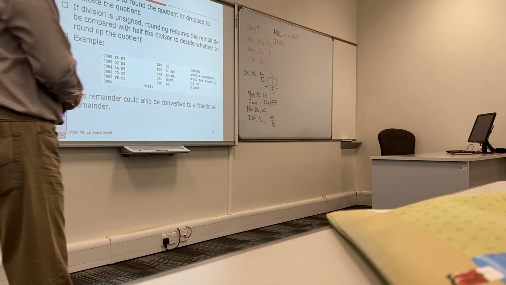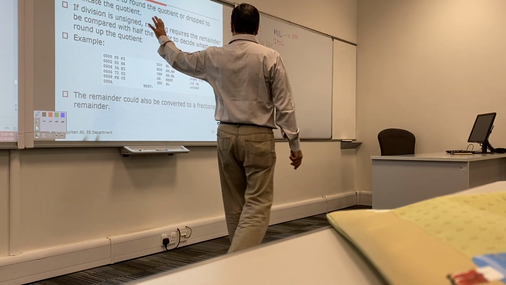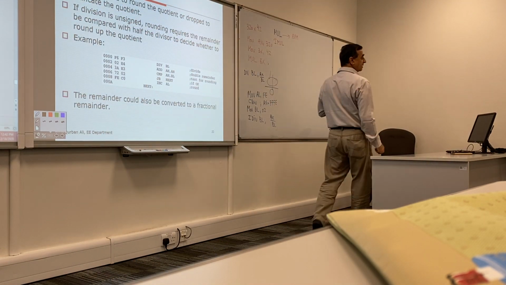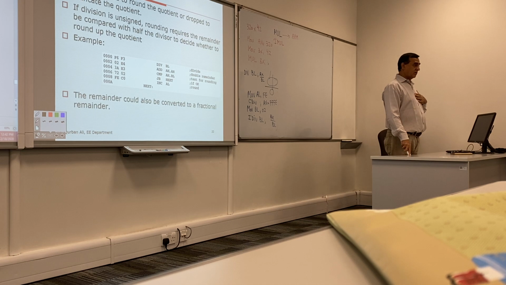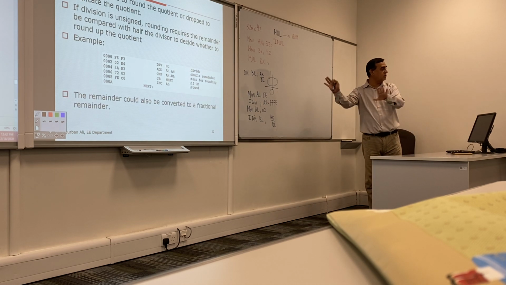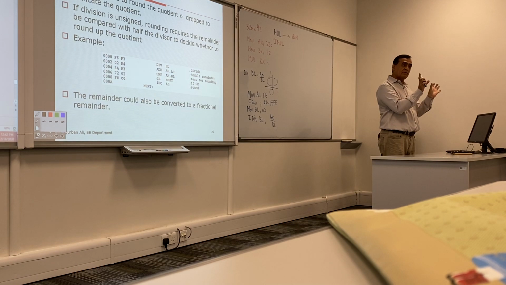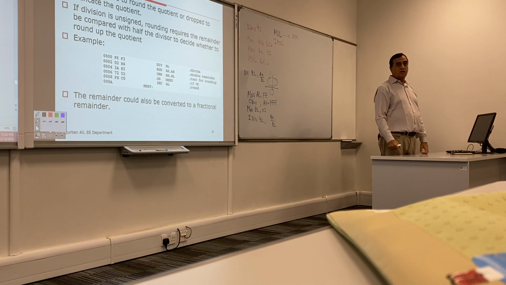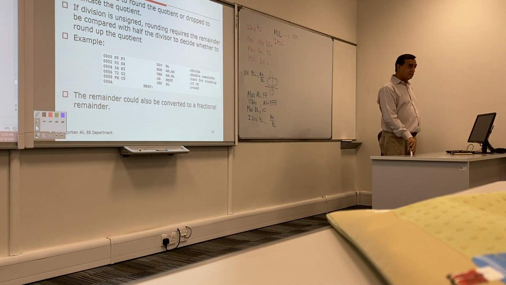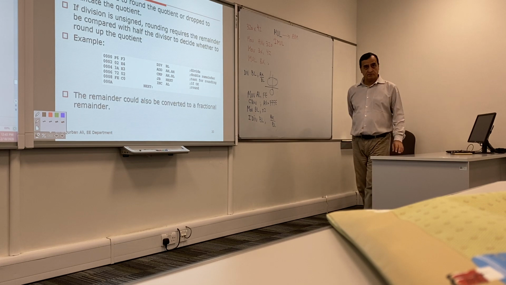So this is what we did here. Sometimes in our programming, we round. If it is not required, don't do it. You will have both answers anyway, quotient and remainder. But if you have to, then you have to read the remainder and compare it with 0.5.